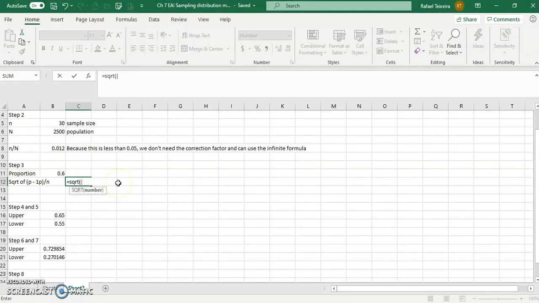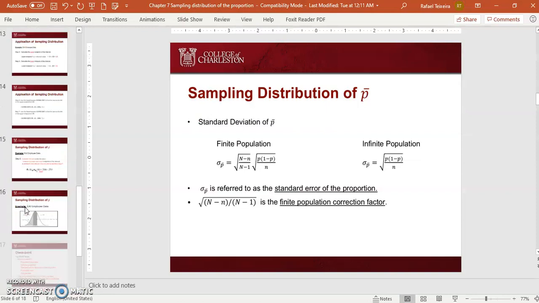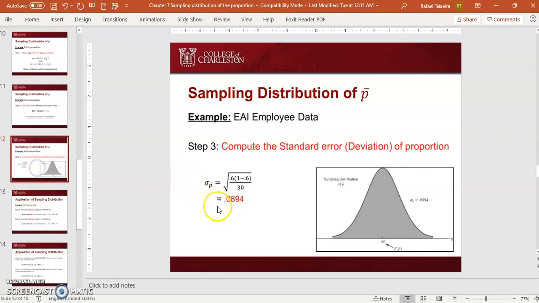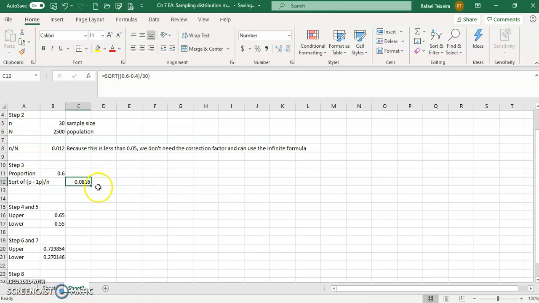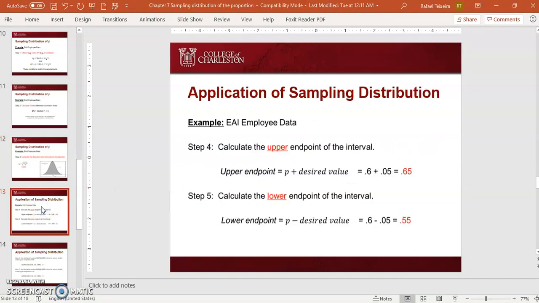So p is 0.6, the proportion, multiplied by 0.4, because 1 minus 0.6 is 0.4, divided by 30, which is the sample size, okay? And that's the answer. Ours, 0.894, is computed using Excel. This one comes from the book, is a little bit different, but very close.